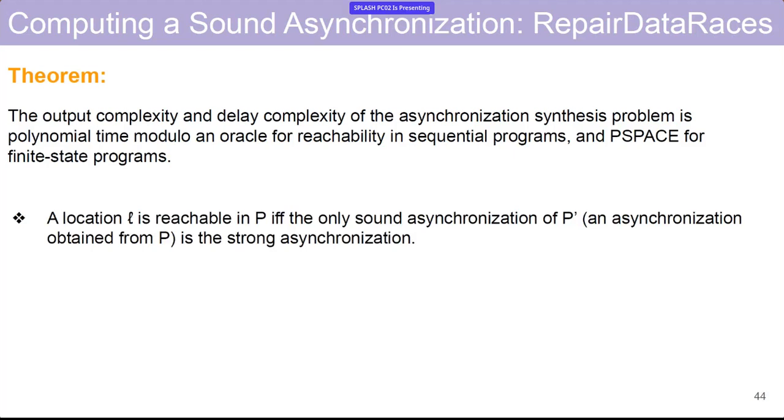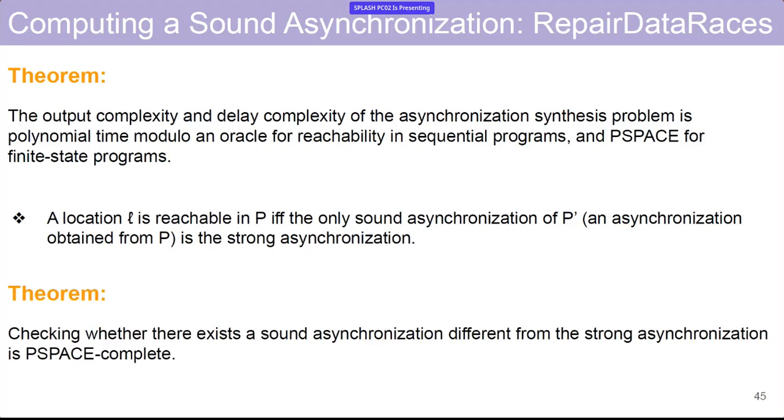Now, for this PSPACE hardness, we reduce the reachability of a sequential program to our problem, such that a location L is reachable in a sequential program if and only if some sound asynchronization of some asynchronous program P prime that we generated from the original sequential program P exists. The only sound asynchronization in that program is the strong asynchronization, which is some kind of weakening of the problem that we want to compute, all asynchronizations. So checking whether there exists a sound asynchronization that is different from the strong asynchronization is PSPACE complete.